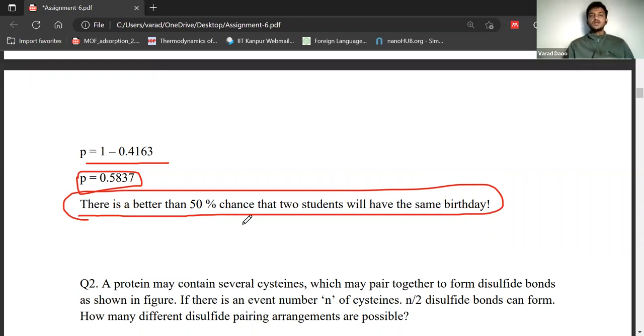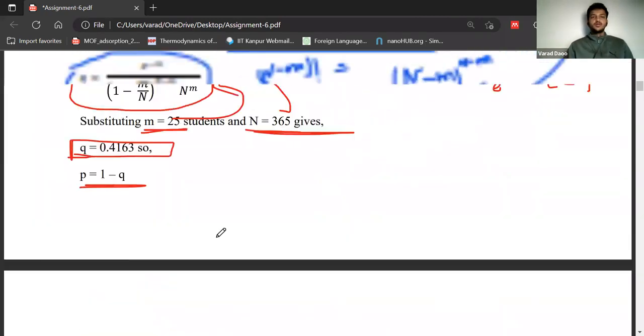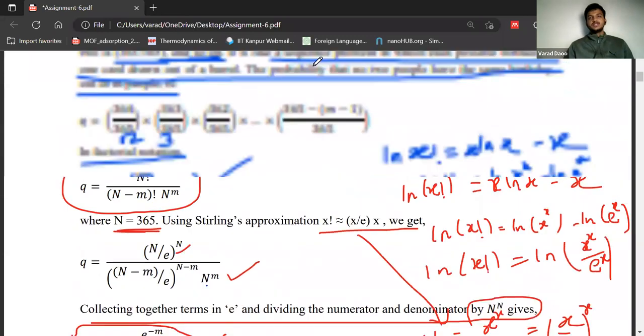So does anybody of you have any doubt? If nobody has any doubt, then I'll give you a couple of minutes to write it down. And if anybody has any doubt, they can ask, okay?